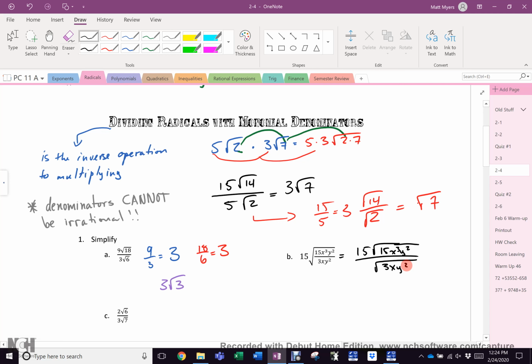Okay, so the first part of it would be 15 divided by what? 1, which would get me 15. And the second part of it would be 15x cubed y squared divided by 3xy squared, which is what for an answer? 5x squared, right? Everyone agrees?